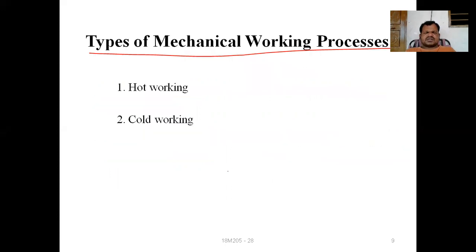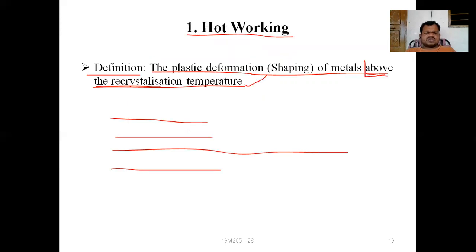Types of mechanical working process. Mainly we have two types of mechanical working process, hot working and cold working. Coming to hot working, the definition of hot working is mainly the plastic deformation and shaping of metal, which we carry out above the recrystallization temperature.